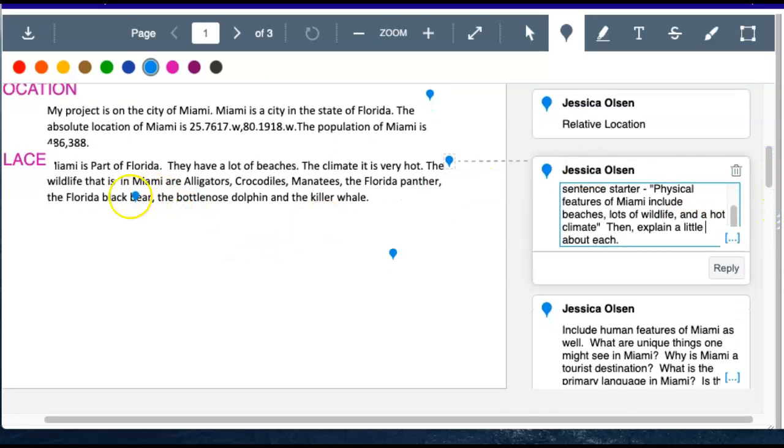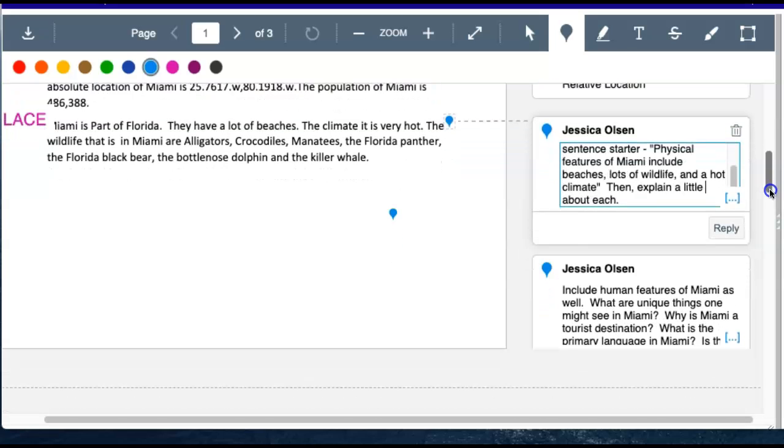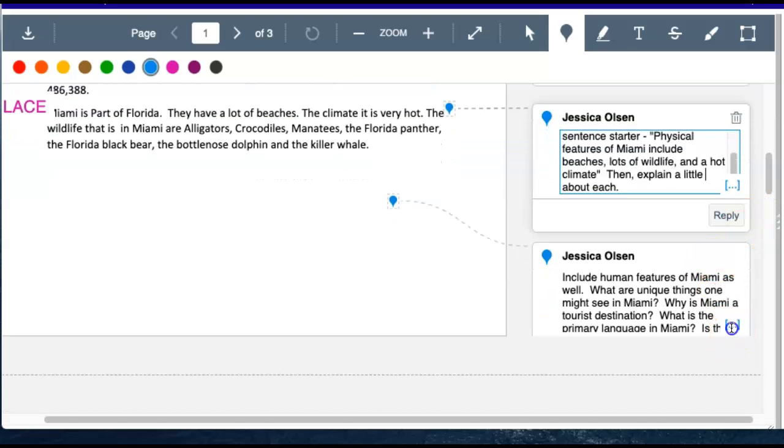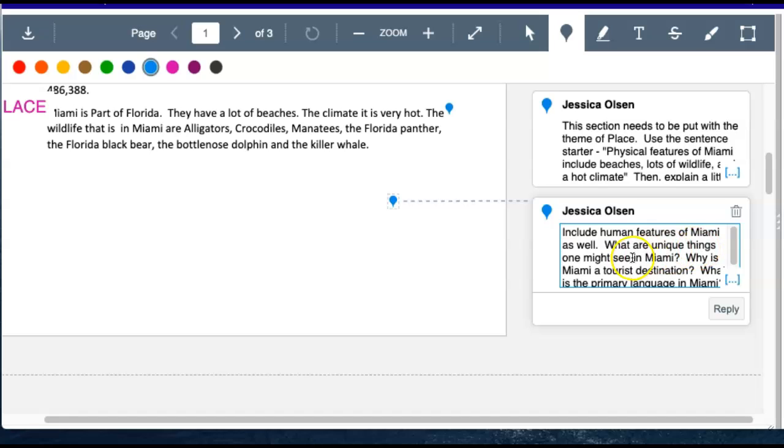Now, in addition to the theme of place, you do need to include human features of Miami. So I'm going to pull this down just a little bit, and I wrote, what are unique things one might see in Miami? Why is Miami a tourist destination? What is the primary language in Miami?